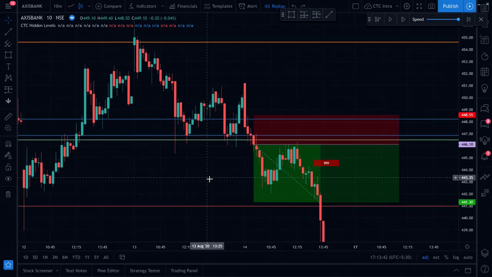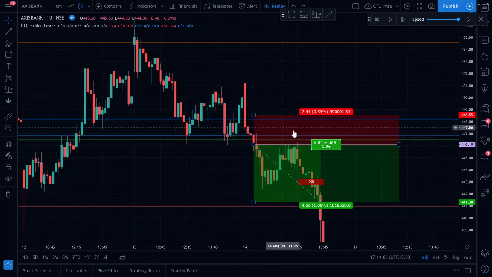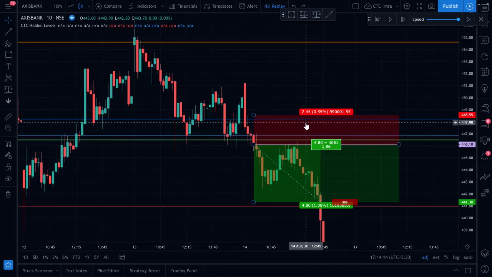Now you have to start trailing your stop loss when the price hits 2R. What do you mean by 2R? Now here the risk is 2.45, right? Here the risk is 2.45. So 1R is 2.45, 2R is 4.9.